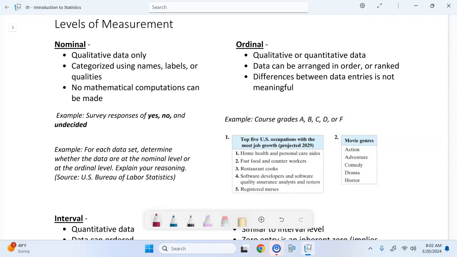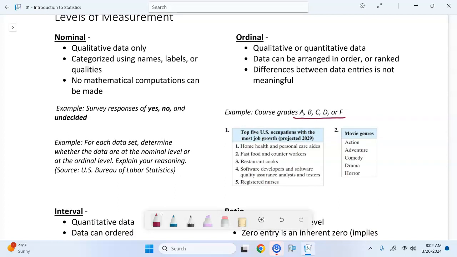The mathematical difference doesn't matter, but we can rank it, we can order it. I've got an example there, course grades: A, B, C, D, and F. That is qualitative data. That is a list of things. But they have an inherent rank in them: an A is a higher grade than a B, which is a higher grade than a C, which is a higher grade than a D, and so on. So there's an inherent rank in this qualitative list.